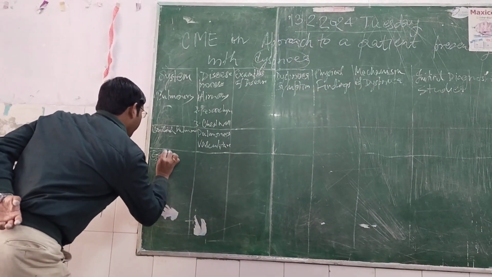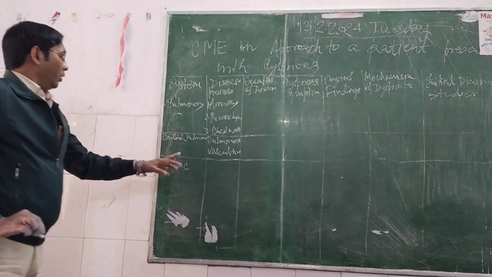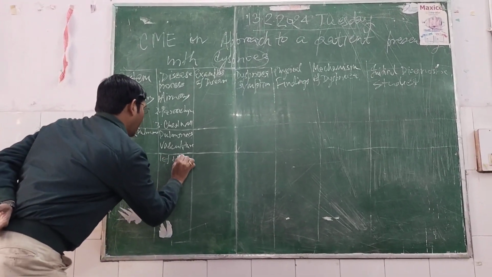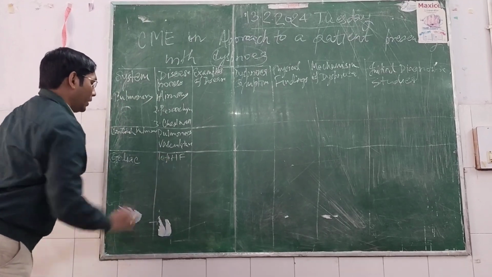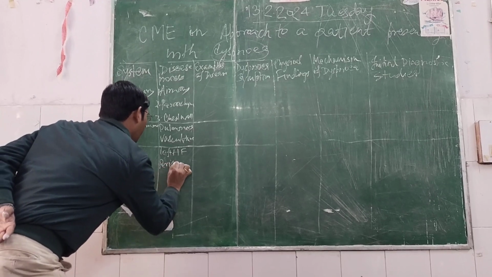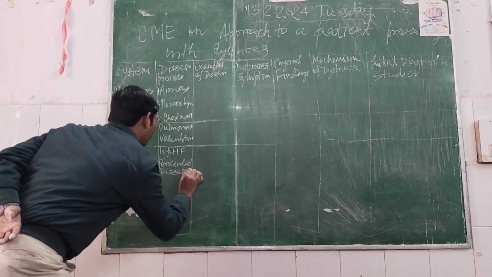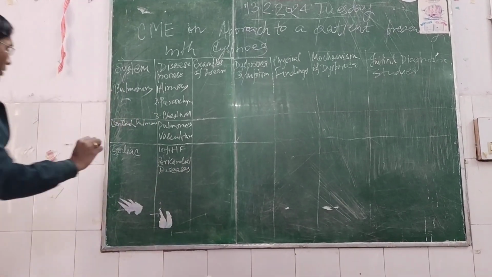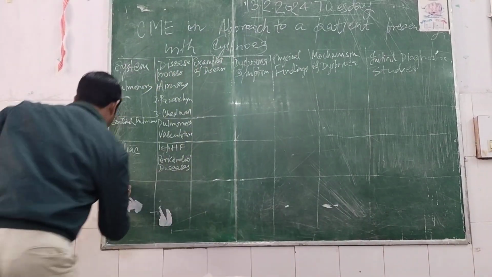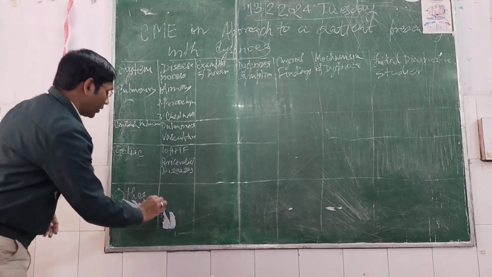And in cardiac system, the disease processes will be two: left heart failure and pericardial diseases. Okay? And others. In other, I have told you about anemia.